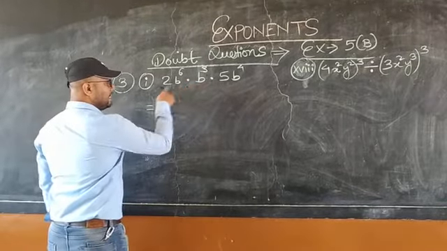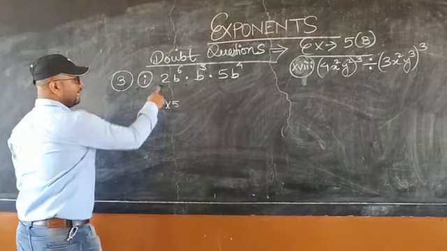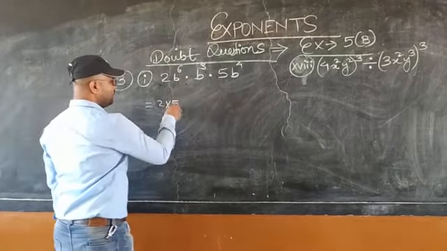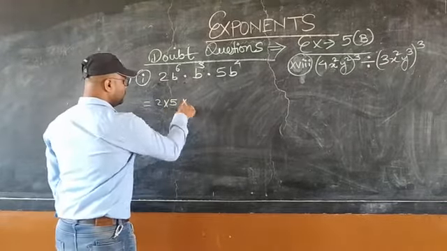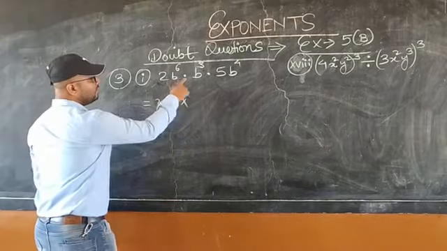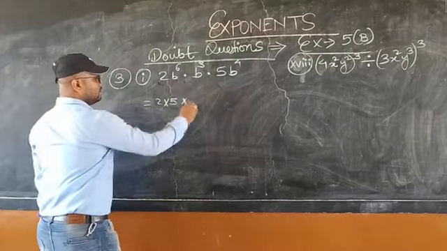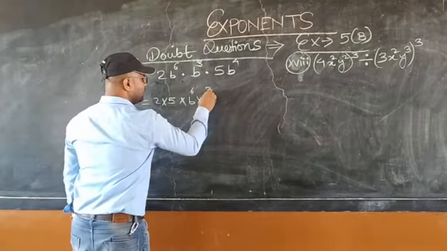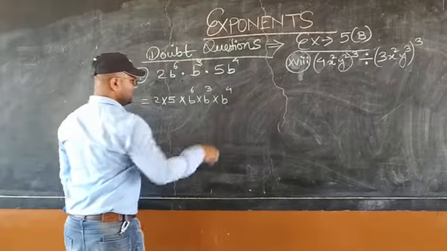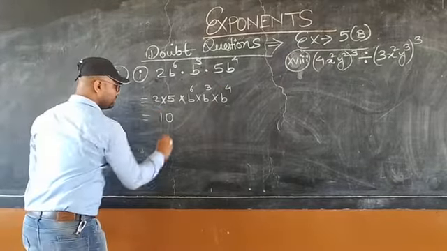All are multiplication, students. We can write 2 into 5. We have taken 2 along with 5, so constants we are taking together. Okay, students? Now into, you can see all the variables are the same b only, same category. So let's write b to the power 6 into b to the power 3 into b to the power 4. Very easy, students. 2 into 5 is 10.